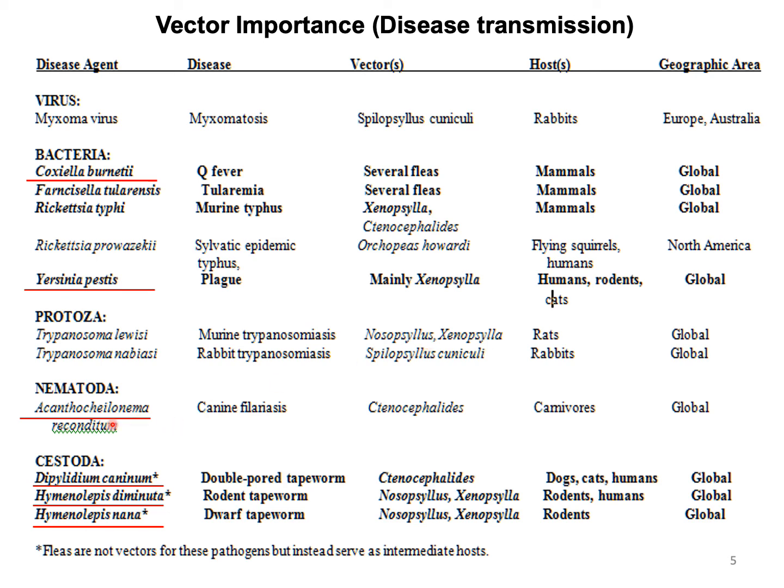Different types of protozoa are also transmitted by different species of fleas. And in the completion of the life cycle of different cestodes and nematodes, fleas have a role. For example, different sorts of fleas, such as the dog flea, cat flea, Pulex irritans (human flea), or different rodent fleas, act as the intermediate host in the completion of the life cycle of different cestodes, such as Dipylidium caninum, Hymenolepis diminuta, and Hymenolepis nana.